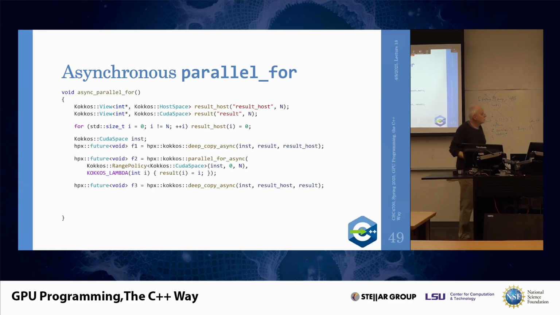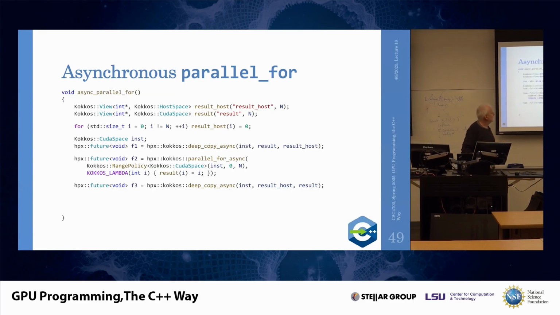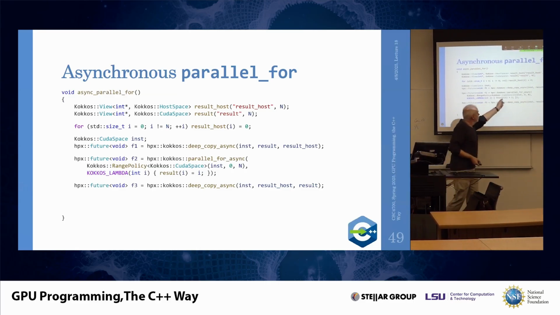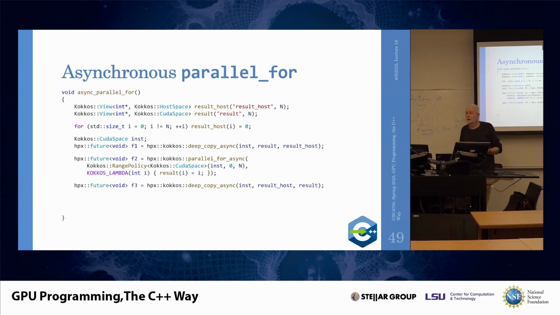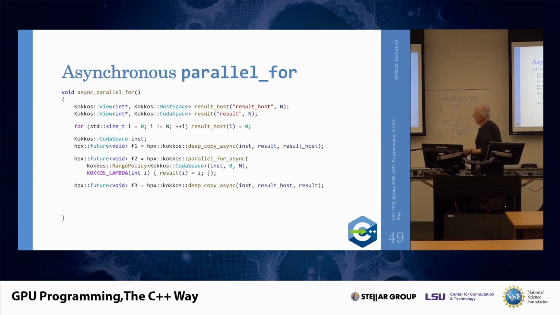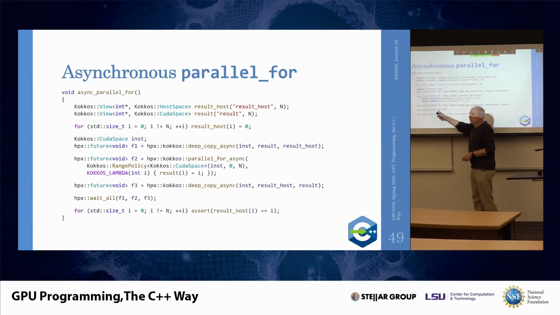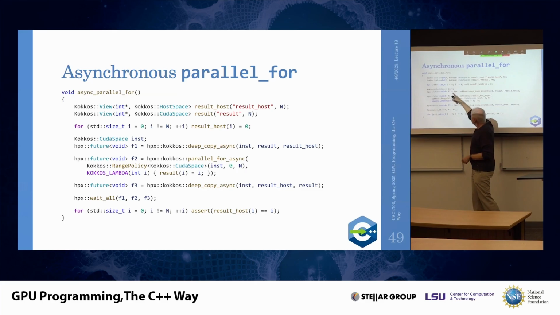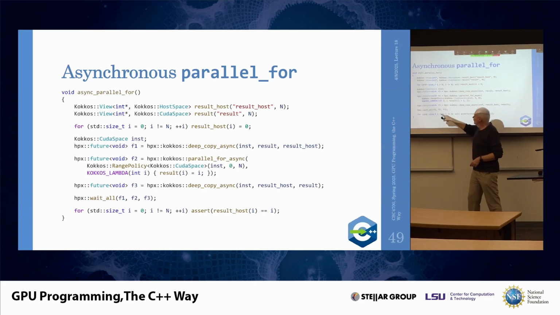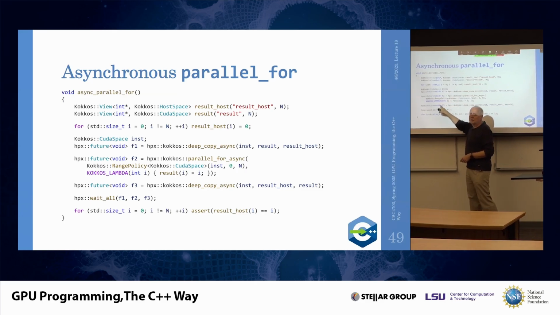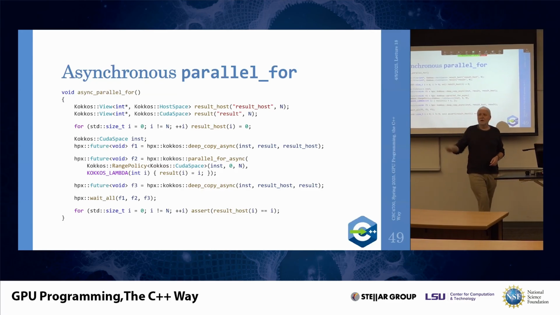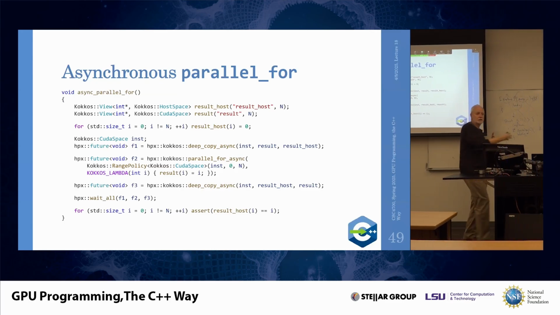And last but not least, once I'm done with it, I'm copying things back, because I have changed my array, my view. So I copy things back to the host, and I wait for all the operations to finish. Right? I have 3 futures, just wait for these 3. In principle, I needed to wait only for F3, because the others are guaranteed to be ready because of that internal dependency.